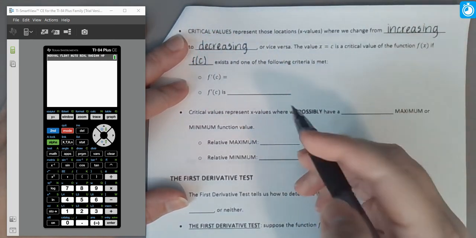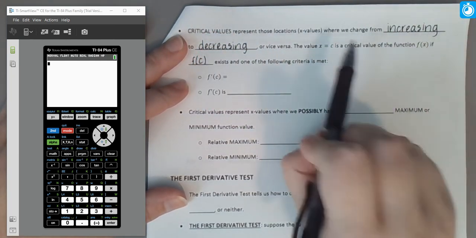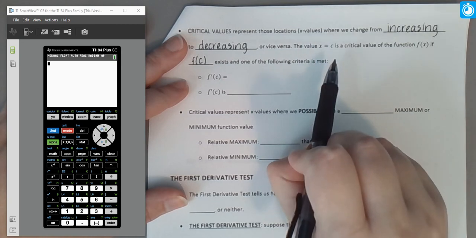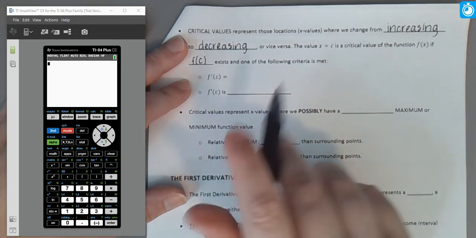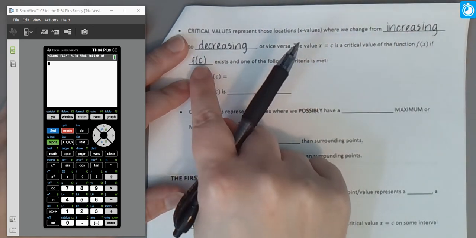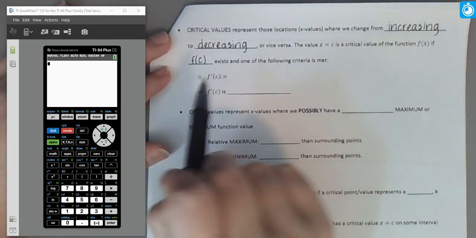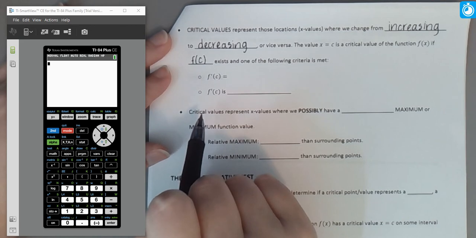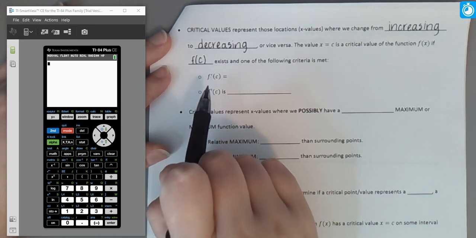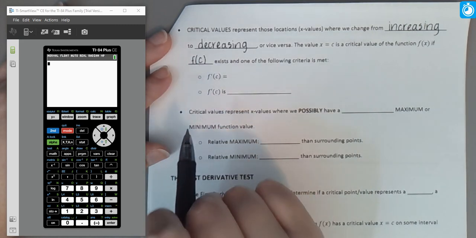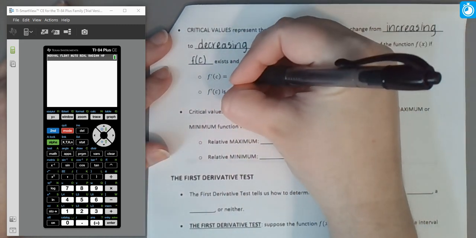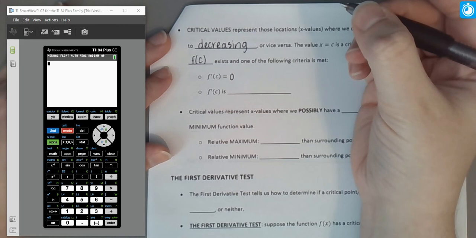In other words, there's an actual point on the function's graph at that particular value of x, and one of the following criteria is met. So there's a point at that location, f of c exists, and one or the other things is going to happen here. The value of the derivative at that particular value of x is equal to 0. Well, what does that mean?